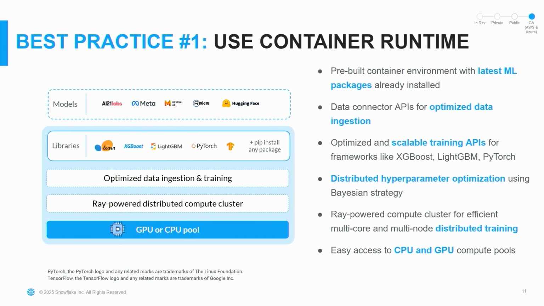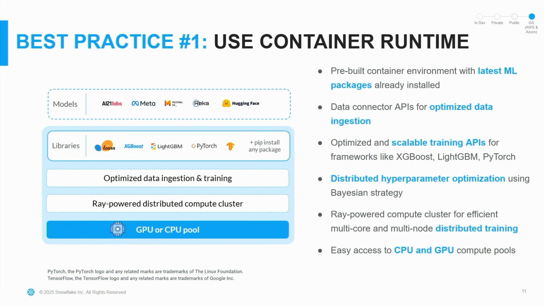So the best practice number one, use the container runtime for machine learning development in Snowflake. Container runtime runs over top of Snowpark Container Services compute, which are offered at just a unit economic level, extremely competitive, per hour pricing on the instance types. But the container runtime comes with a lot of internal optimizations to scale machine learning effectively.